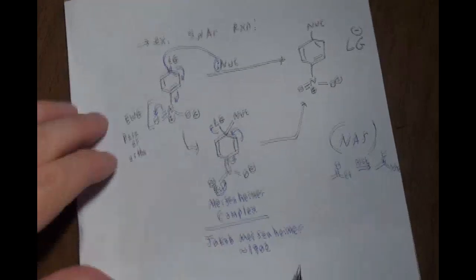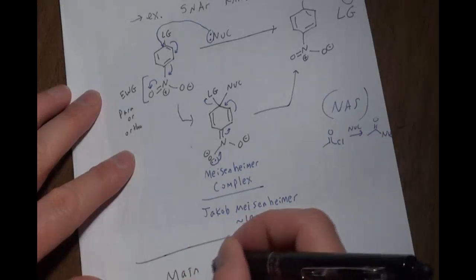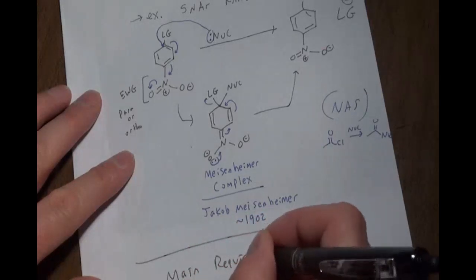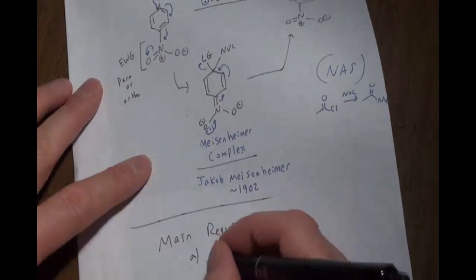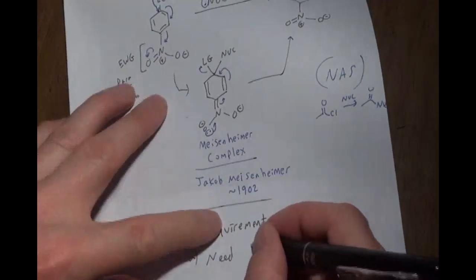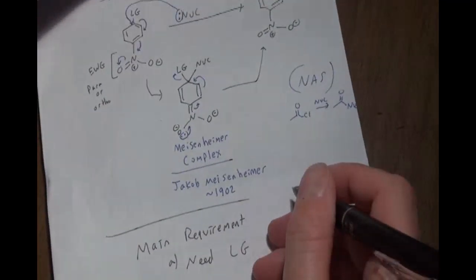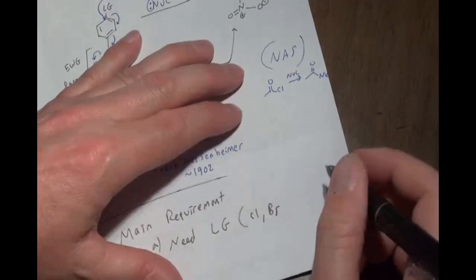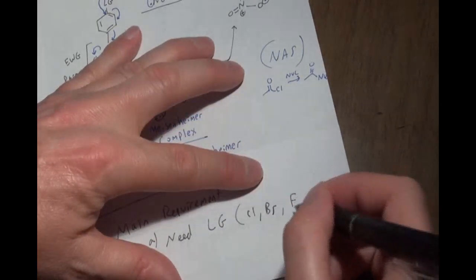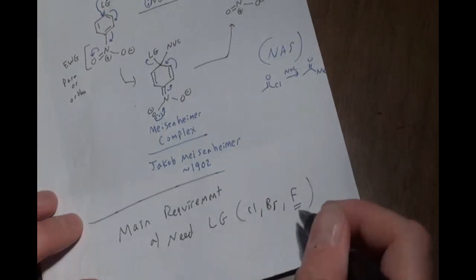Okay, so what's the main requirement of a SNAR reaction? Well, there's kind of two, I guess. One is that you need a good leaving group, so it's usually maybe a halogen, bromine, chlorine. Interestingly, fluorine actually works for SNAR reactions, so sometimes we'll see fluorine as a leaving group.